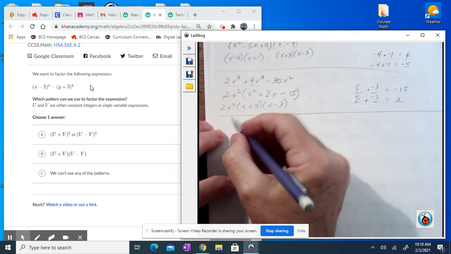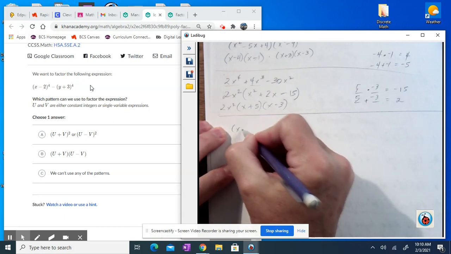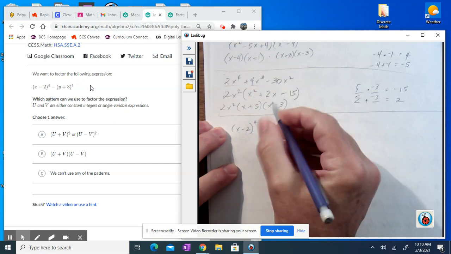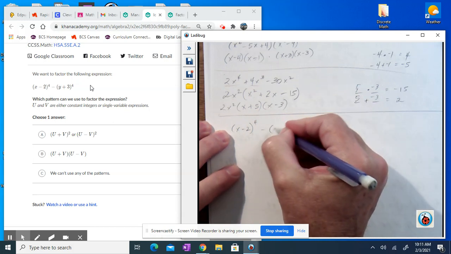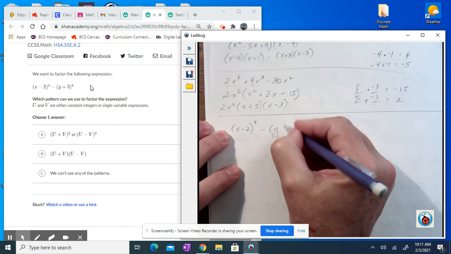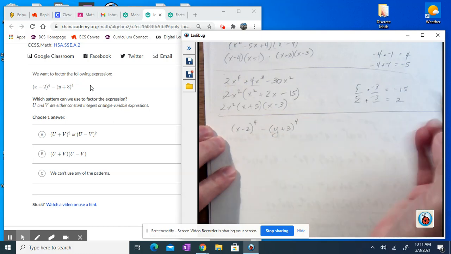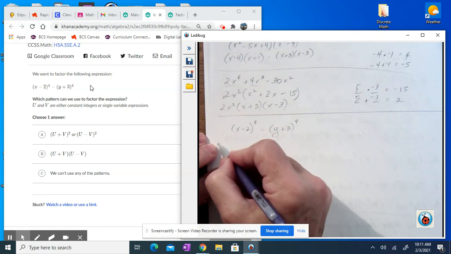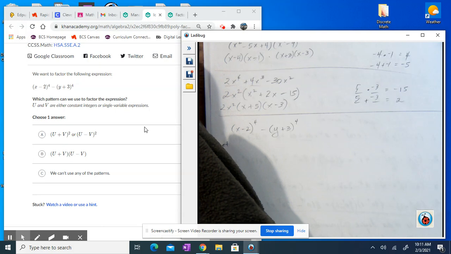So for instance, in this problem, we've got x minus 2 to the 4 minus y plus 3 to the 4. Now, temporarily, and the letters they're using here are u and v, so I'll use u and v as well.